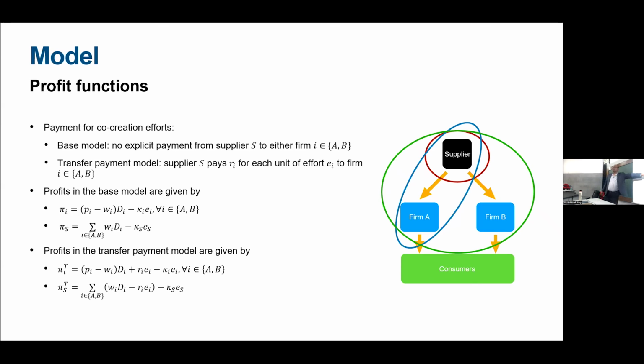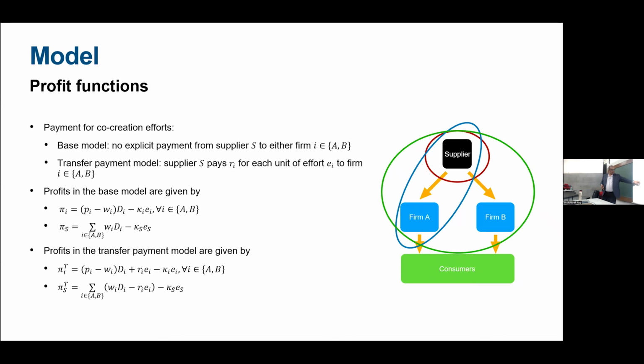Their cost is the cost of exerting the effort to create this better component. From the supplier, same thing. The supplier makes money by selling the product at a wholesale price to these different buyers, less the cost of exerting the effort. If the companies don't collaborate enough for altruistic reasons, the supplier can also offer a payment in return for the effort.